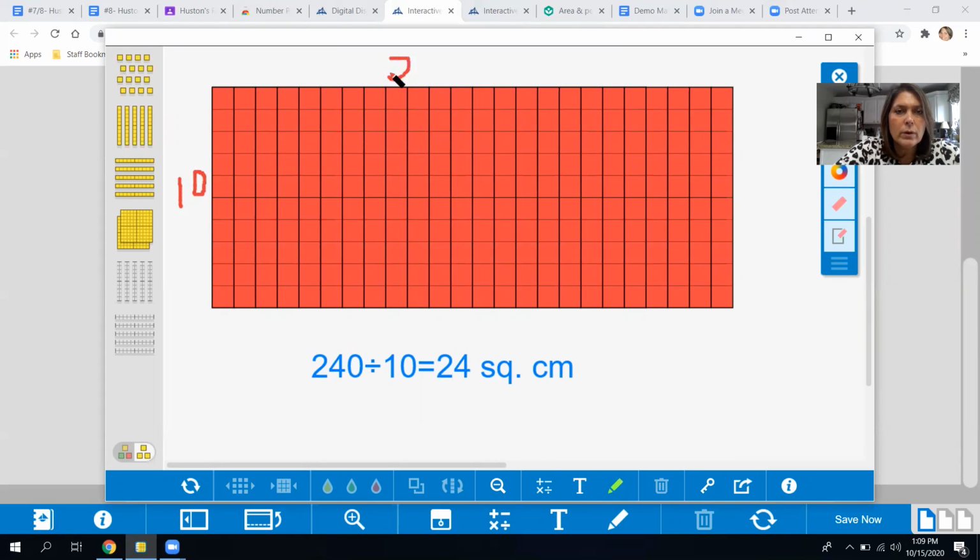And this is 24. And we know length times width equals area. Remember, area is the amount inside, not just around.